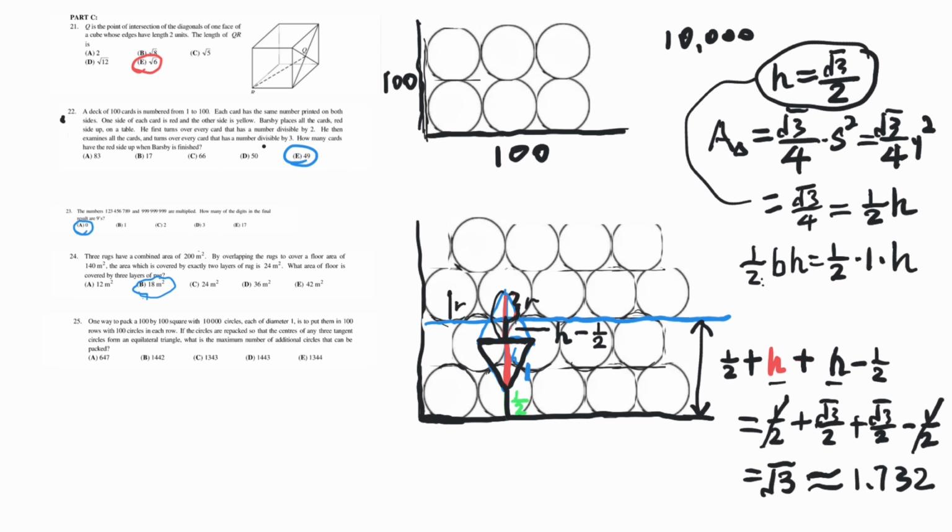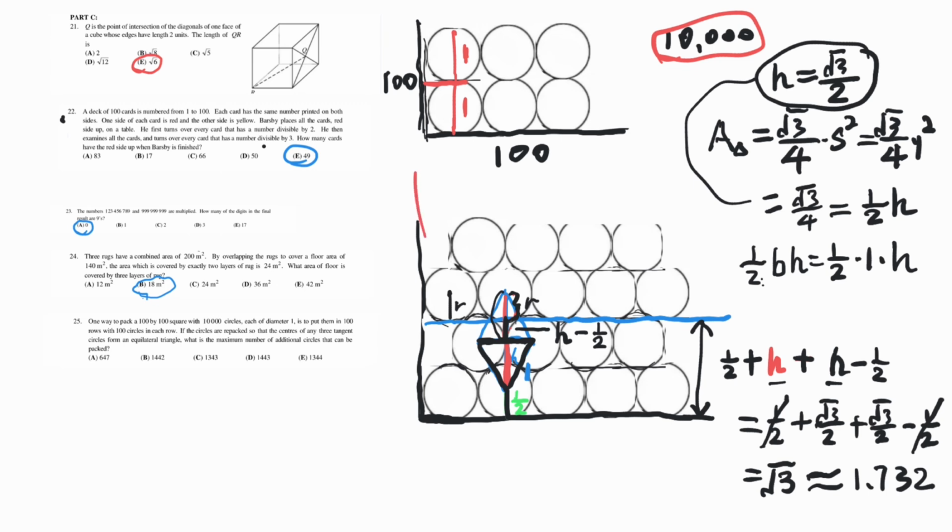But at the beginning, one row is 1 unit because that's the diameter, and the second is another 1 unit. So 100 by 100 is 100 rows and 100 columns, total 10,000. Now how many more can we pack?